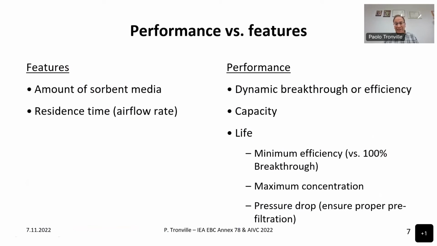In general, we can say that in the case of sorbent materials, the features that are part of the filter are the amount of sorbent media. Actually, the amount of sorbent media is very important because, of course, the higher the amount, the higher the mass of contaminant that can be captured and stored in the filter material. And this is also correlated to the so-called residence time, that is to say, the time it takes for the air to pass through the filter bed, typically 0.1 second.